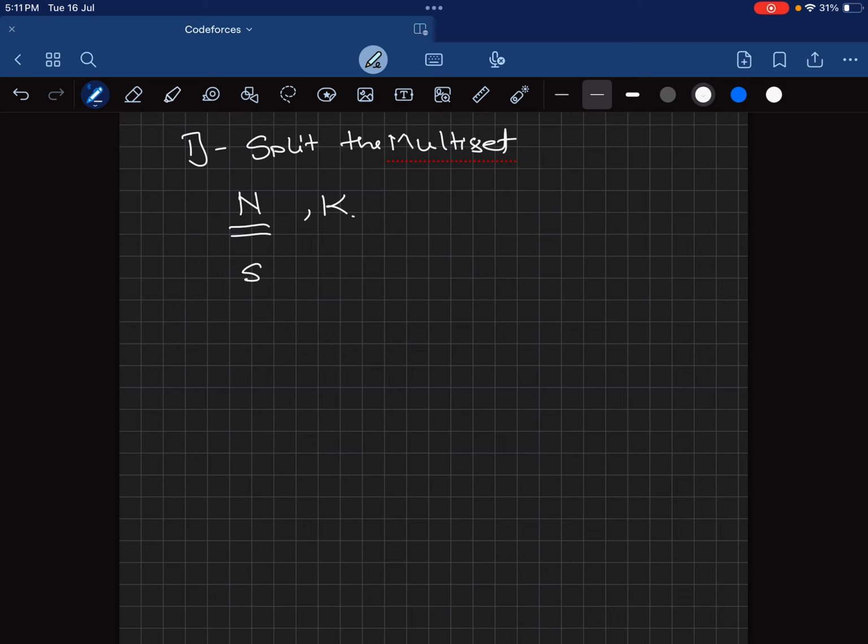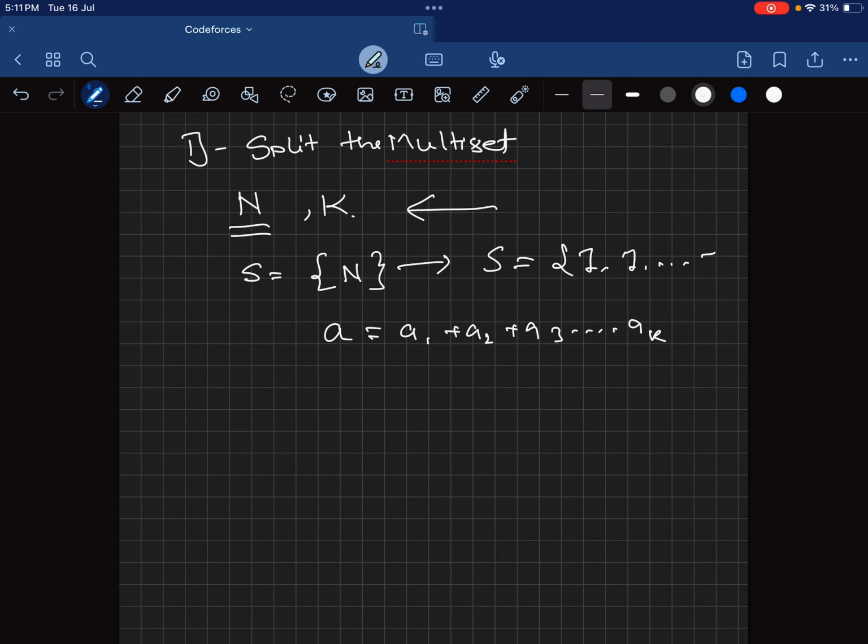The integer n essentially denotes that you have a set in the beginning containing n, and the integer k denotes the operation that you can replace any element in this multiset, say a, with a sum of k positive integers. The task is that you have to perform this operation the minimum number of times to convert this into a multiset with all ones.